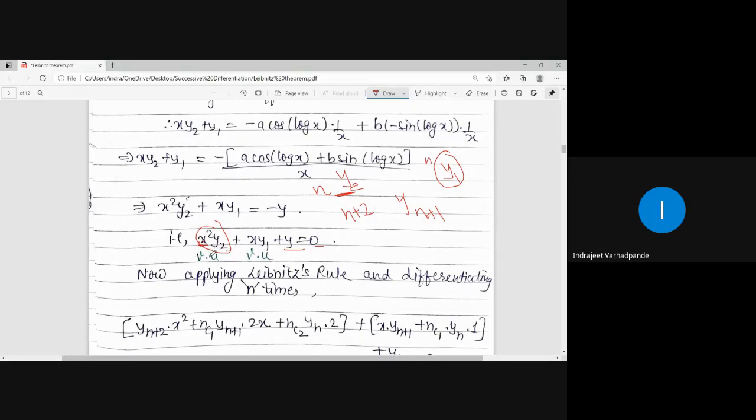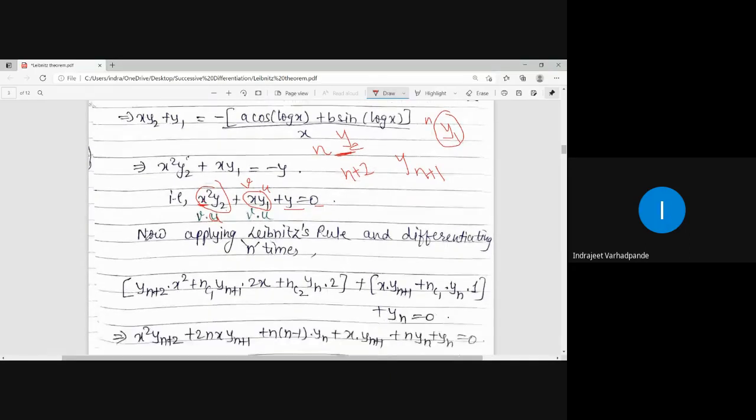Therefore I will consider y2 as u and x squared as v. Similarly here also I will consider y1 as u and x as v, because the derivative of x after certain terms will vanish, and then we can apply the Leibniz theorem for the product. So applying Leibniz rule and differentiating n times.